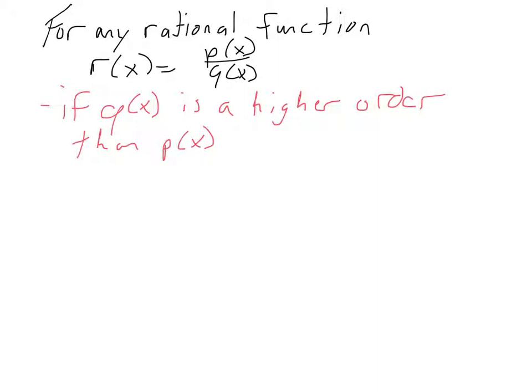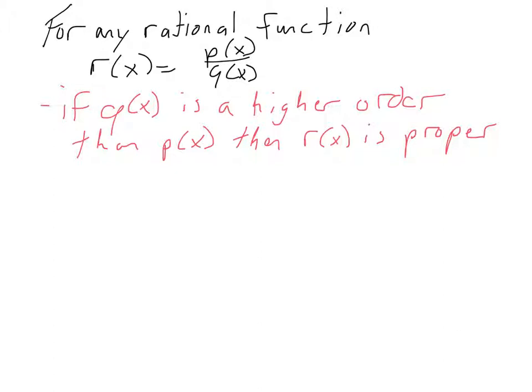then first of all, r of x is a proper rational function. That comes from the idea of a proper fraction, where the denominator is larger than the numerator. So if you have a proper rational function, that means the denominator is a higher order than the numerator.